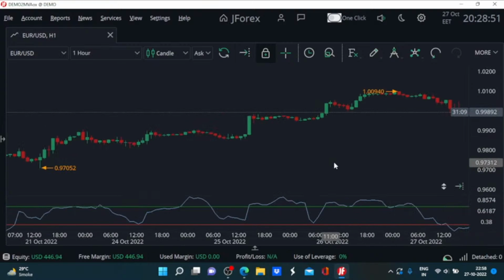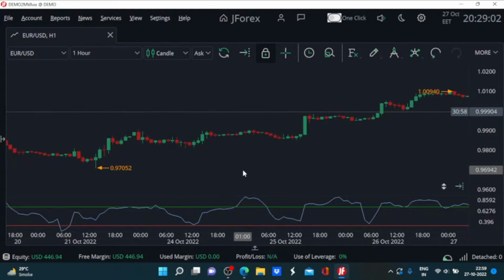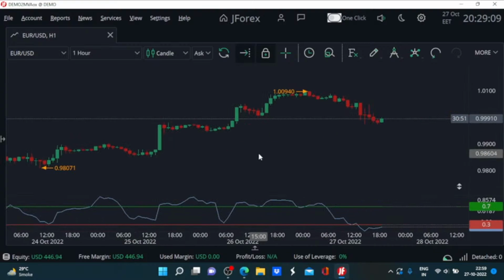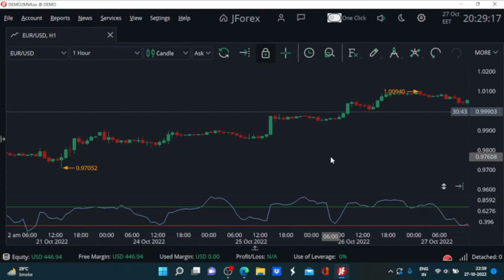And when we have the output crossing below 0.3 from above 0.3, that can be the opportunity to go for a new short sale trade. So this is a much clearer, much simpler interpretation of this indicator, and we can consider the formation where the value is between these levels to be indicative of the absence of a strong trend, and that means the underlying instrument is not really likely to go anywhere.